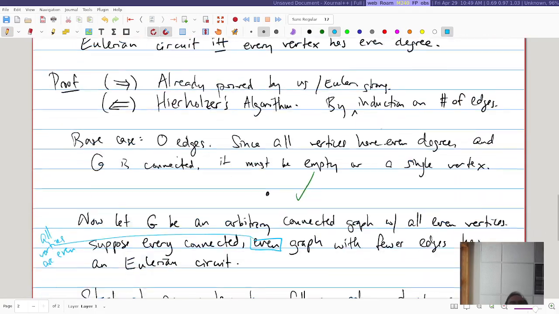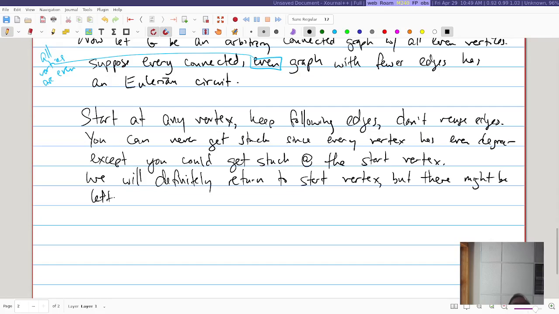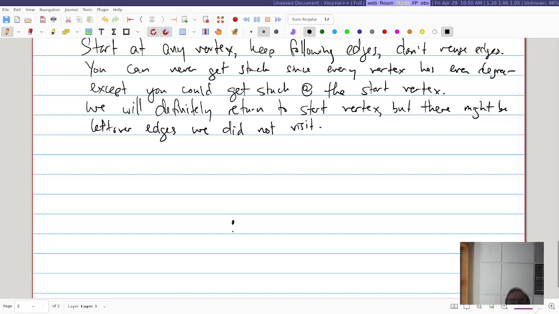So what do we do? Here's the scenario. Here's my starting vertex, and I went on this path that went around the graph, and I got back to where I started.